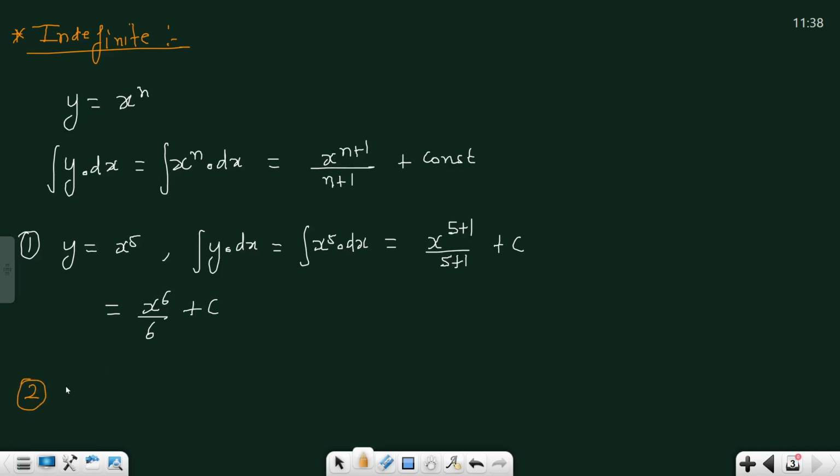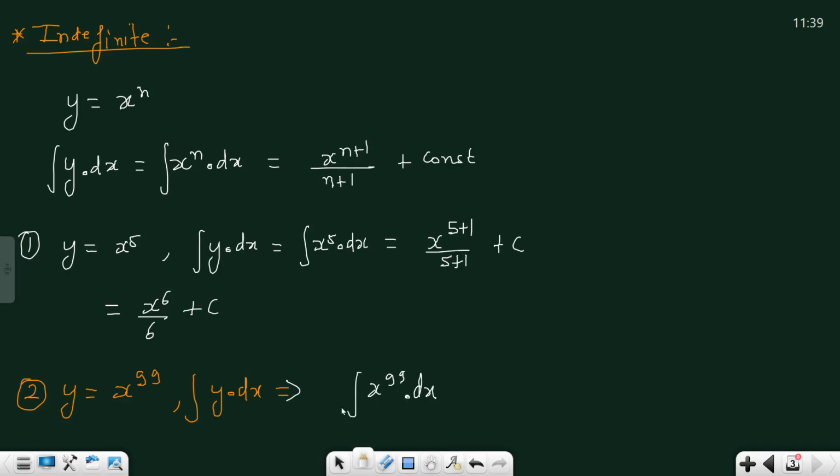Question 2. You have to do it on your own. x to the power 99. What will be y dx? So x to the power 100 upon 100, plus c. Correct. So x to the power 99 dx.